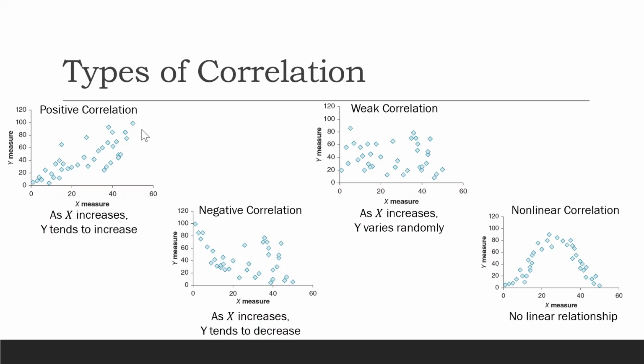The methods that we're going to be focusing on in our course are not going to be able to handle relationships like that. We're not going to be able to apply our methods when we see a pattern like that. So the types of correlations we'll focus on are positive linear, negative linear, and those weak or no correlations.